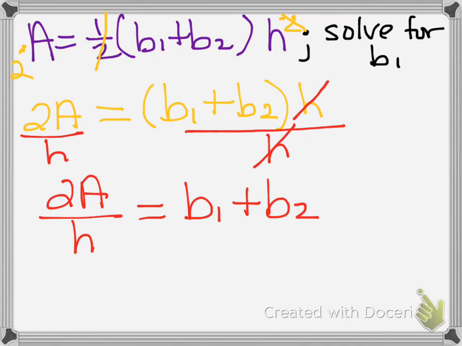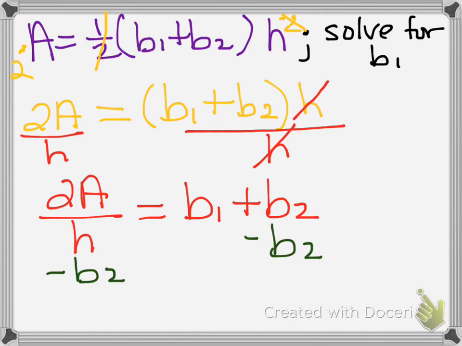I only have one variable left to keep me from having the B1 by itself, and that is the B2. And how do I undo addition? I use subtraction. So I subtract the B2 from both sides.